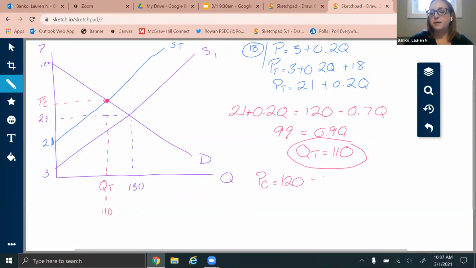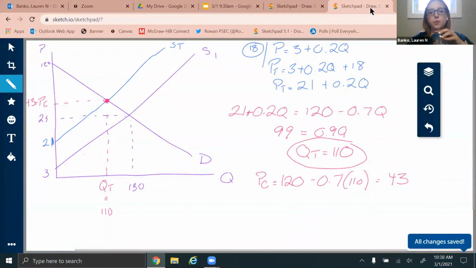So it's 120 minus 0.7 times 110. And this gives us $43. So consumers, instead of going to the store and paying $29, they have to pay $43. To see how much the sellers are receiving, that's going to be called PS.